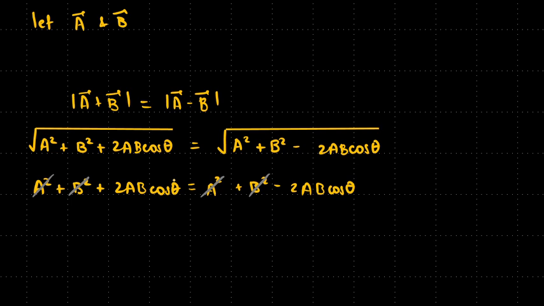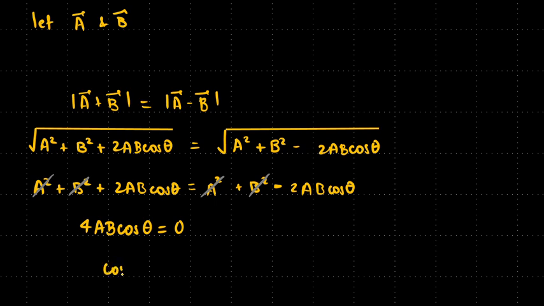Now we just need to move terms over. This is a minus sign, so it's going to be plus over here, so it's going to be 4ab cos theta. And if the magnitude of a and b is not 0, we can divide everything by 4ab.